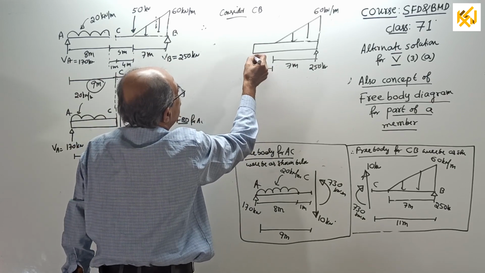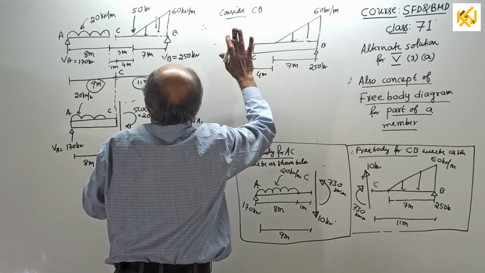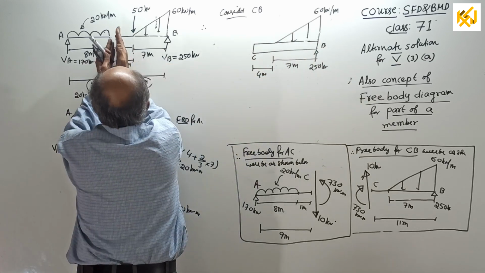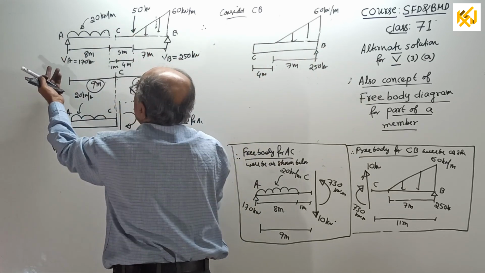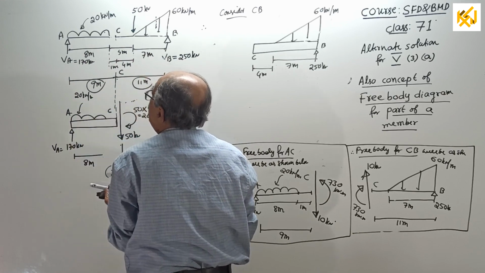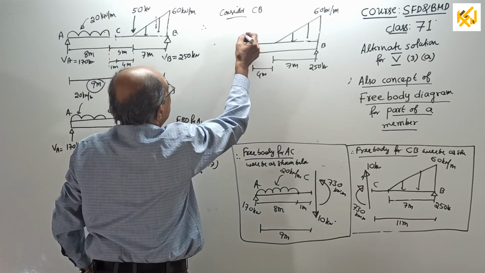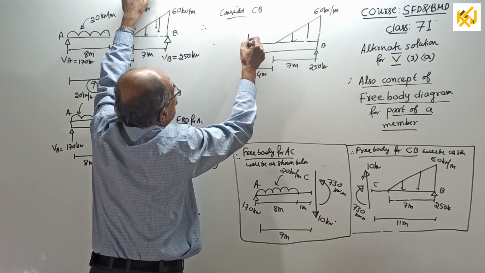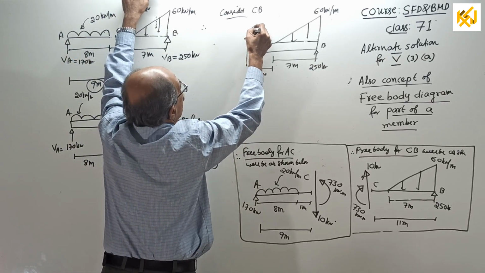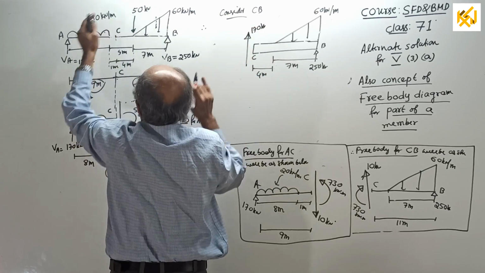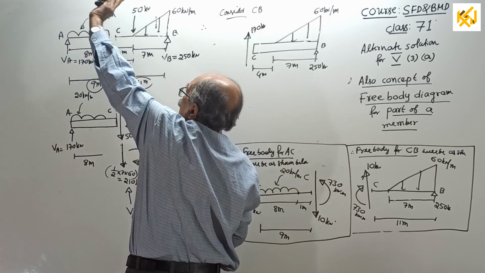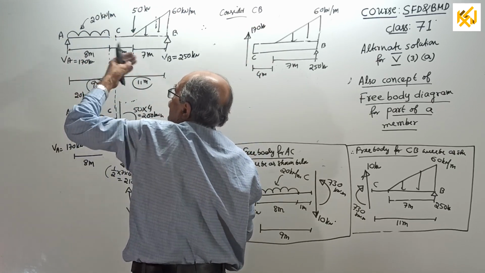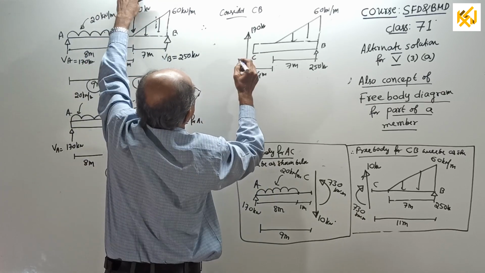Okay, now this is C and this is B. Okay, do one thing. This side you wrote, from this side transfer. 170 will come directly up. I will transfer it here. So I will transfer 170 here. So it will be an upward force of 170 kilonewton and it will create a moment of 170 into 9 this way, clockwise, right?